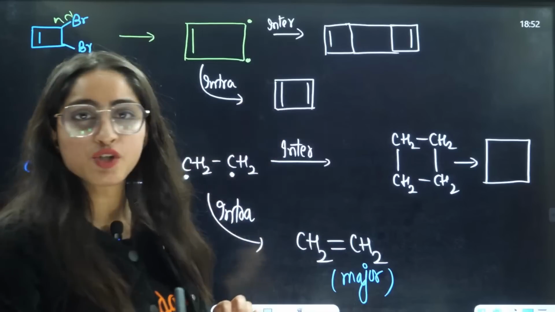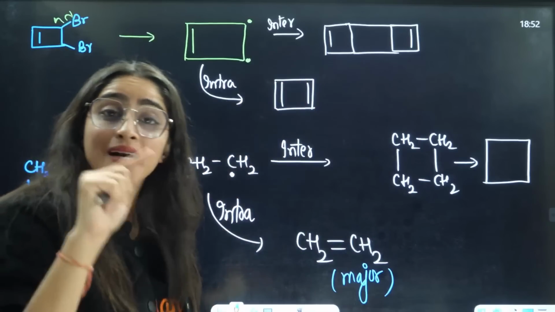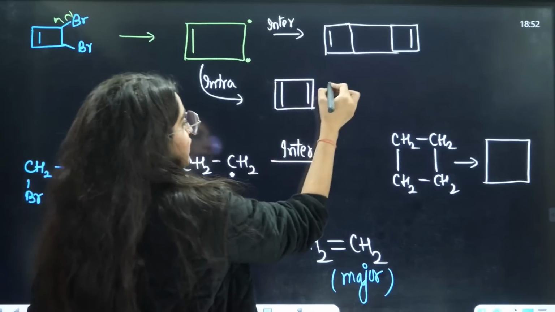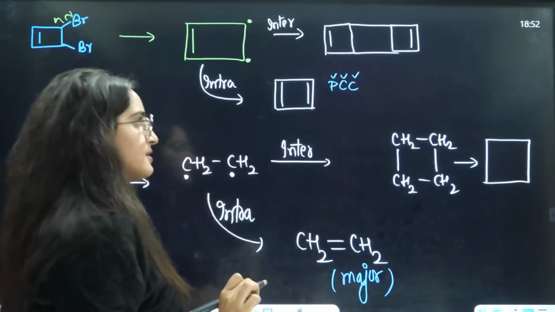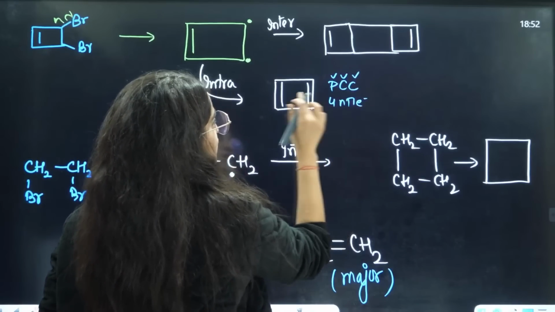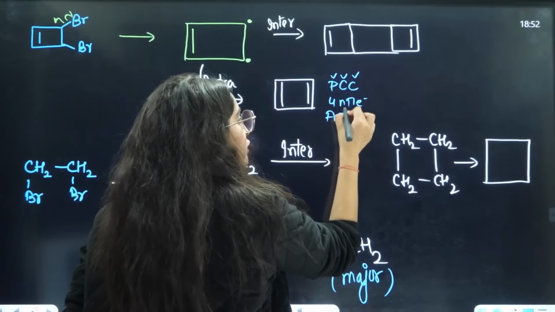But here, as you can see, this is the intramolecular product, but this is anti-aromatic also. How? Because here planarity is followed, complete conjugation, cyclic, yes. But how many electrons? 4n pi electrons, because it has 4 pi electrons. That means it is anti-aromatic.